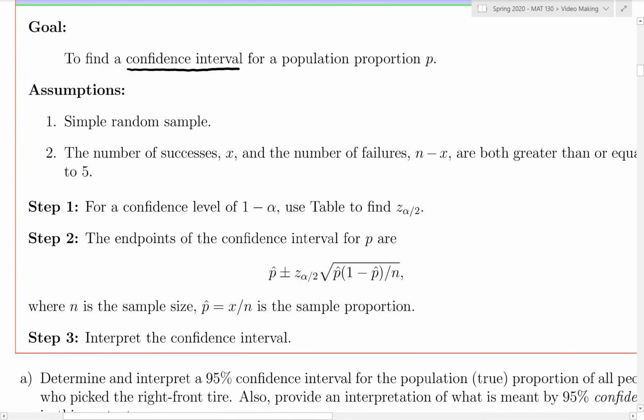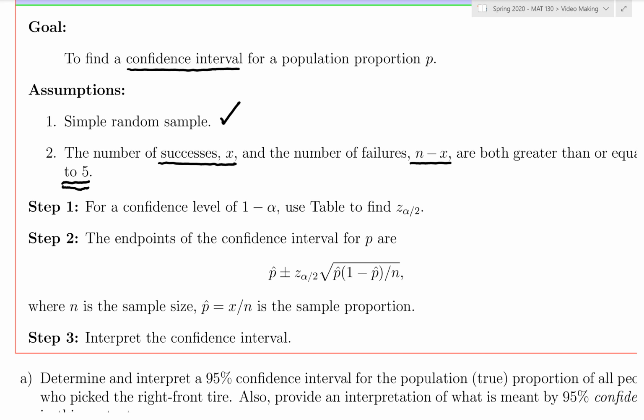The assumption we are going to be working with first is that our sample be a simple random sample. Next, the number of successes, which we denote x, and the number of failures, which we denote n minus x, the total number minus the number of successes, should both be greater than or equal to 5. Successes refers to the quantity we're interested in.